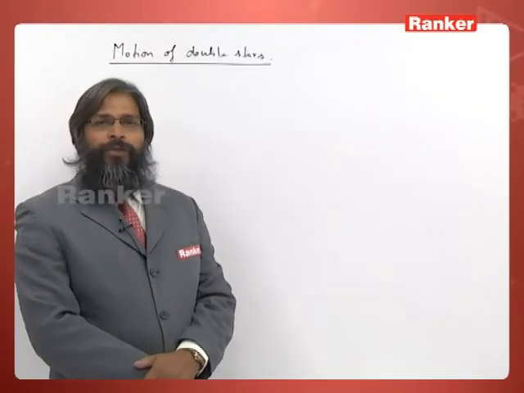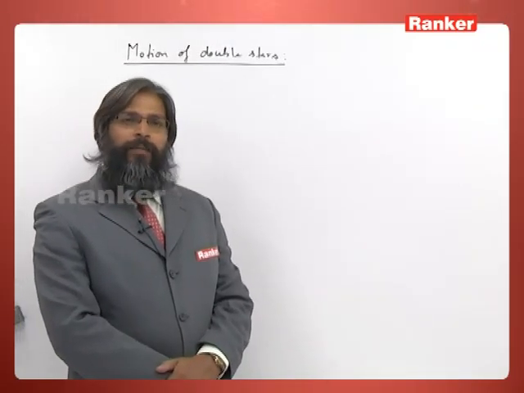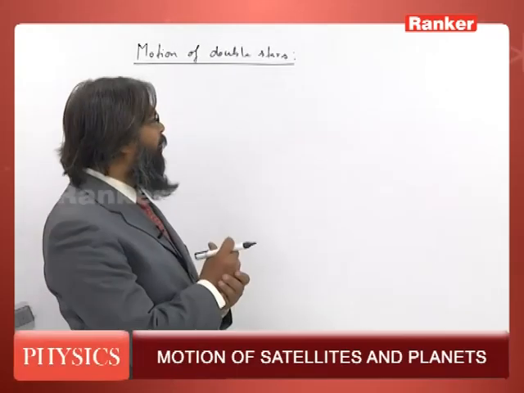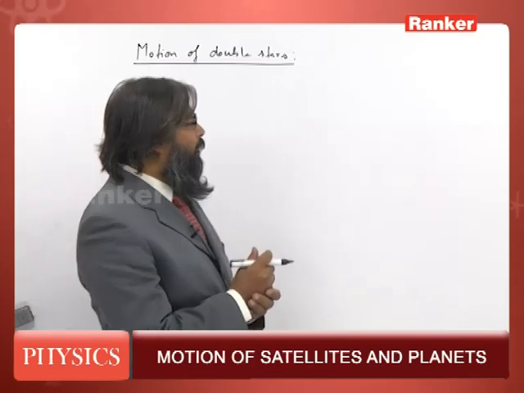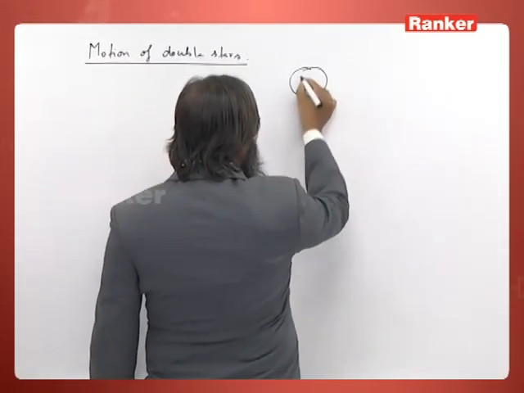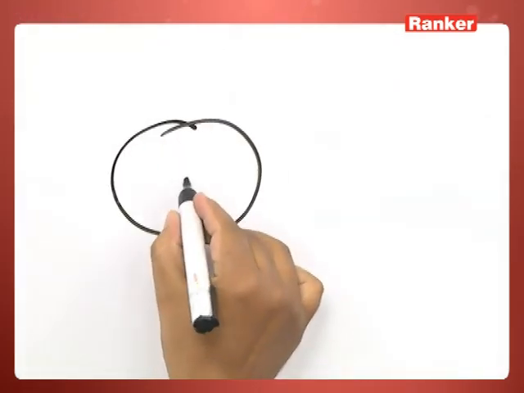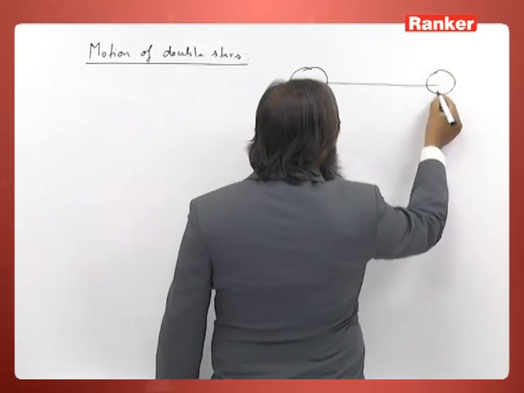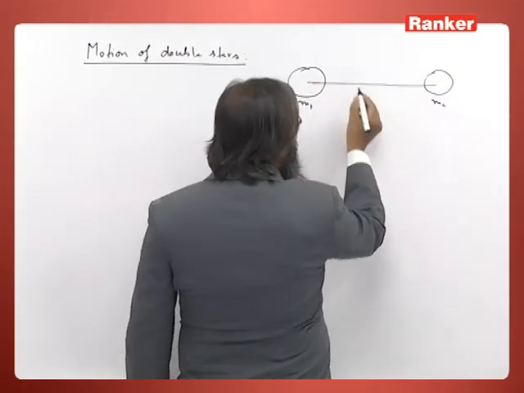Now, come to the motion of a double star system. Here we will learn about the concept of reduced mass. Often we have found that in the universe there are two stars which orbit around each other.